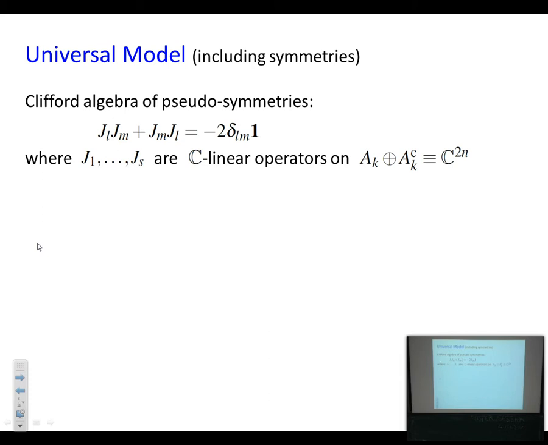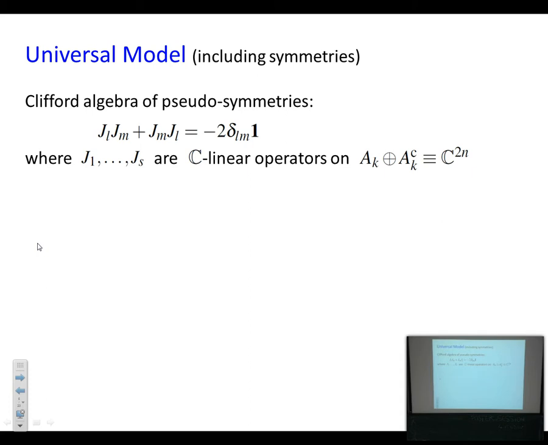So for a system of symmetry index S, there's a Clifford algebra of S pseudosymmetries, each given by a complex linear operator J. There are Clifford algebra relations. And where do these act? Well, on the sum of these annihilation spaces together with the corresponding creation spaces. Because we're now taking all of the operators, the sum is actually independent of K.